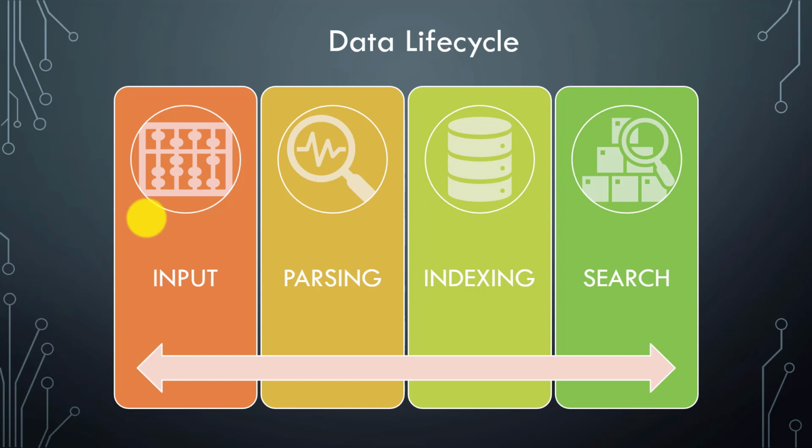Let's say during the parsing phase, we have a processor which deals with regular expressions. During the input phase, there could be a processor which checks whether a file has been updated or not, then it will tail that file, get only the latest data from the file, and send it to the parsing and indexing phase for indexing purposes. So a processor is nothing but a program unit which does a specific kind of job.